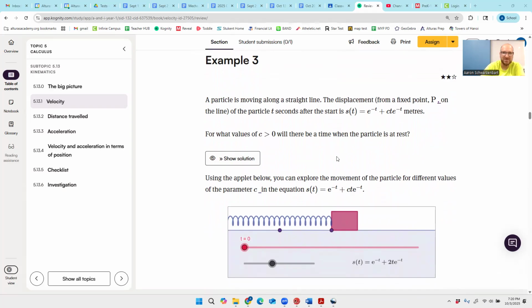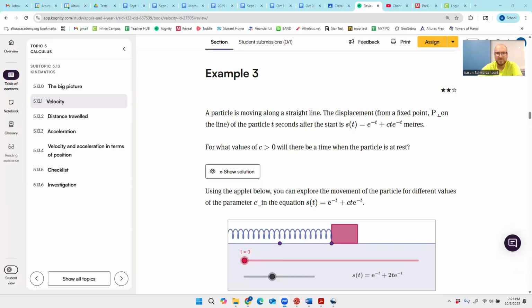So the first thing I need to do is find the velocity, because velocity will be zero when it's at rest. Before we do v of t, we will factor out an e to the negative t: 1 plus ct.